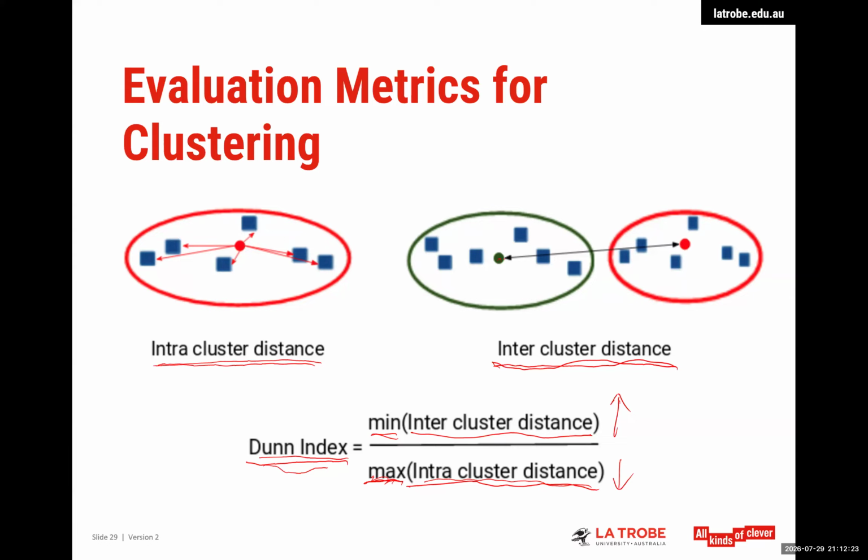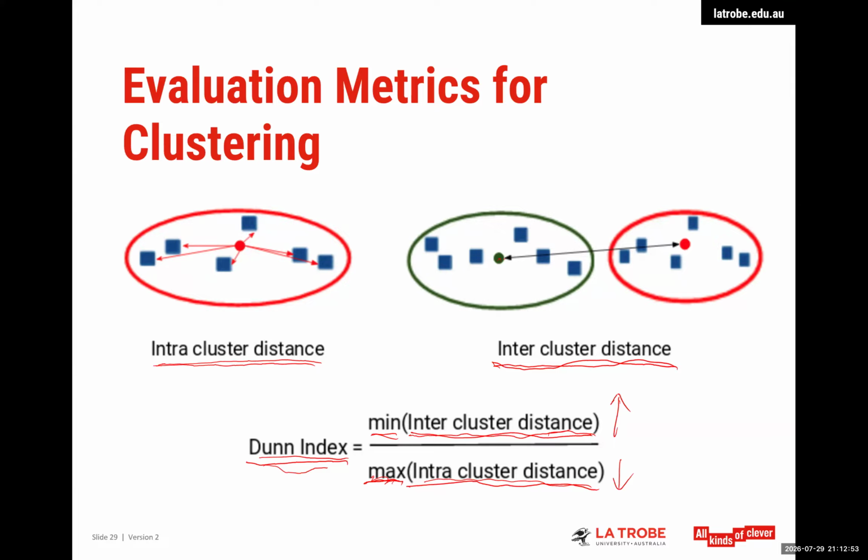Is it almost like a percentage? It is not a percentage because these are just positive real numbers, so there is no value range for that. So when is a Dunn index high or low, how do you know what is good?